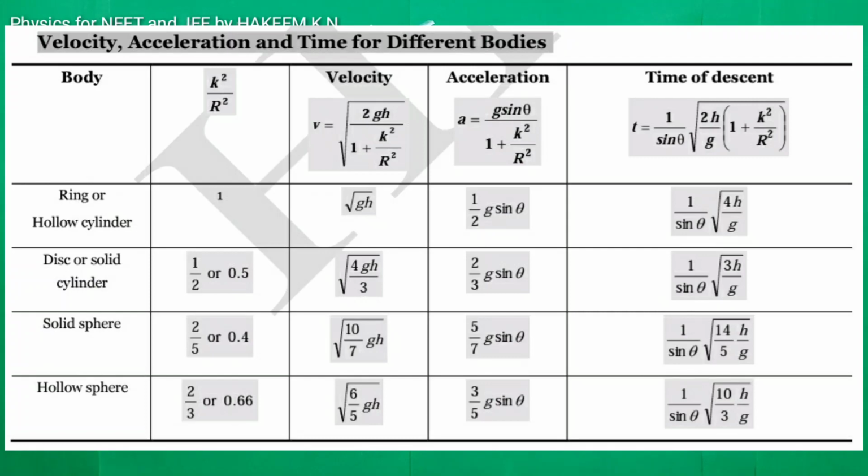And its acceleration will be half g sin theta, and the time of descent will be 1 by sin theta into root of 4h by g, because k square by r square equal to 1 for the ring. Like that we can calculate, or we can say separate equations for different bodies. They are explained in the table very accurately.